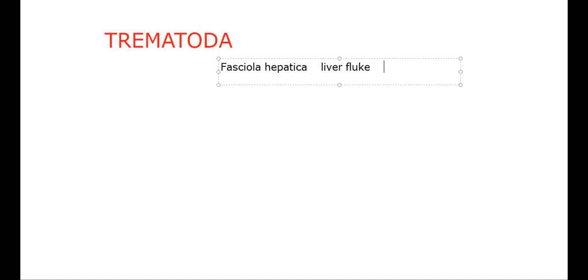So where does it stay? The parasite stays in the bile ducts of the liver of sheep, so we say sheep is the definite host. That means the major host is sheep.